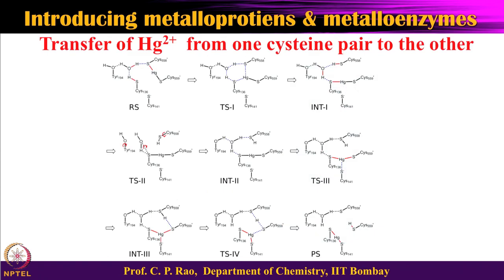So, one of them will bind, and then slowly once the other mercury contact is dissociated, the second cysteine center will also bind. That means the mercury ion is shifted from this pair to this pair. You see here, on the top, the bottom.